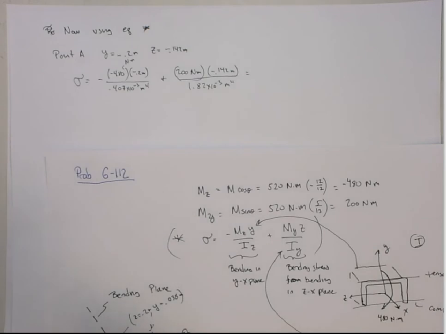And I get 25,200. What? Wait a second. I get the wrong answer. I must have a typo. This is why I never do these.